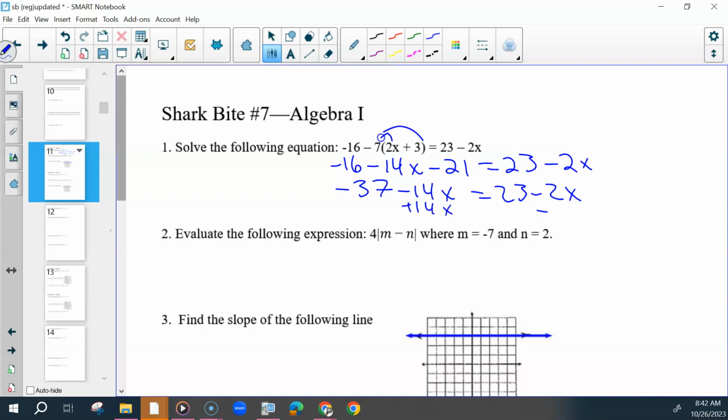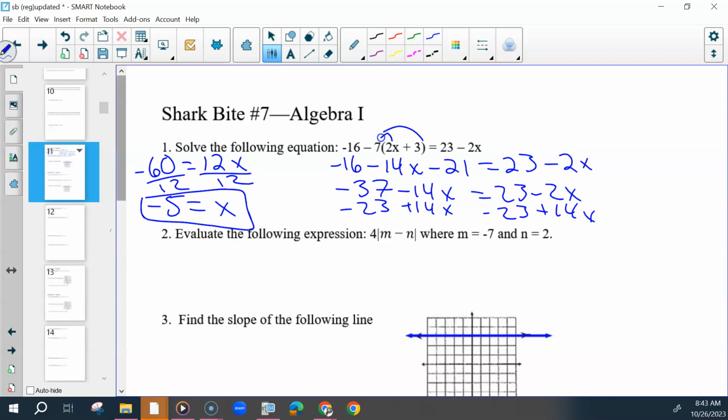How you choose to move things is up to you. But if we added 14 and subtracted 23, we would get negative 60 equals 12x. So that negative 5 equals x. So if you got negative 5, good job. If you didn't, just go back and fix it. You may have forgotten a negative somewhere or added or subtracted incorrectly. Questions on that one?